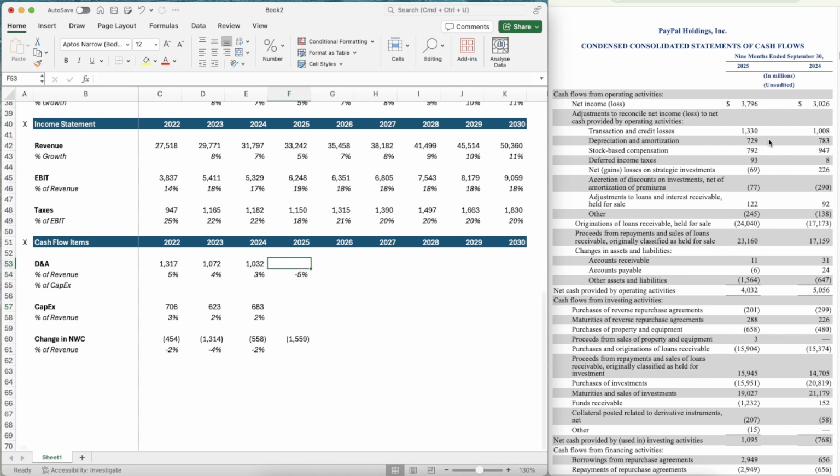Okay, now the depreciation and amortization. Let's go back to divided by 783. 8, 4, 7. CapEx again.